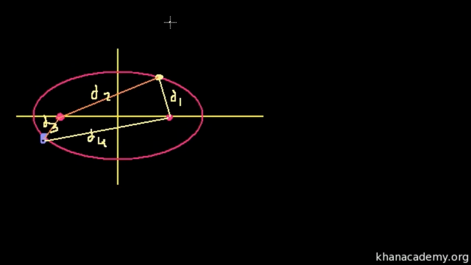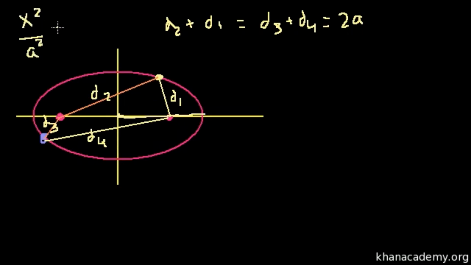So in this case, D2 plus D1 is going to be equal to D3 plus D4. And this would be true wherever you go along the whole ellipse. And we learned in the last video that this quantity is actually going to be equal to 2a, where a is the semi-major radius. If this is the formula for the ellipse, this is where the a comes from: x squared over a squared plus y squared over b squared is equal to 1.